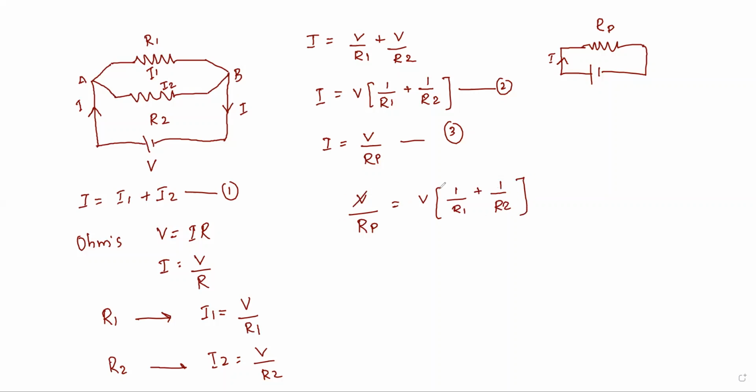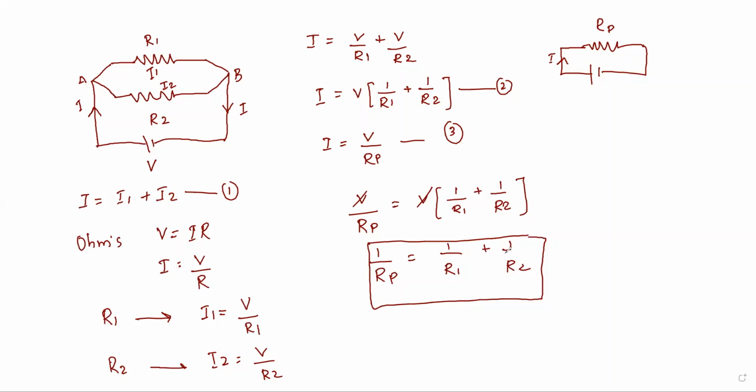So V gets cancelled. So I have 1 by RP is equal to 1 by R1 plus 1 by R2. So this is the expression for the equivalent resistance when the resistors are connected in parallel.